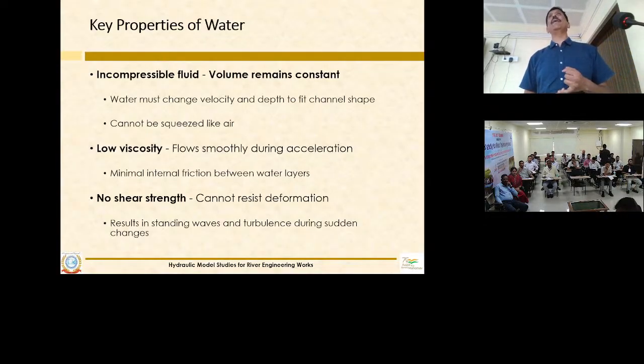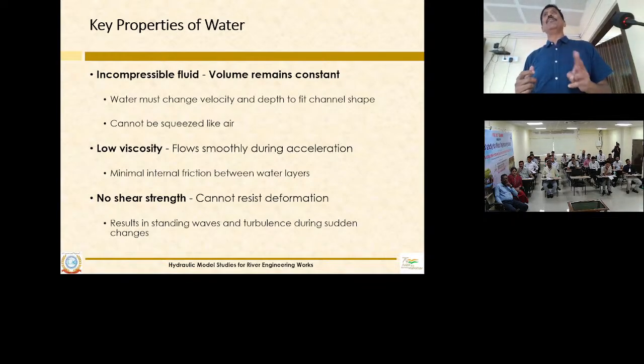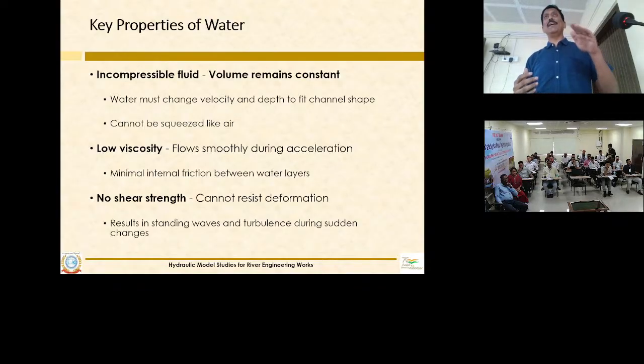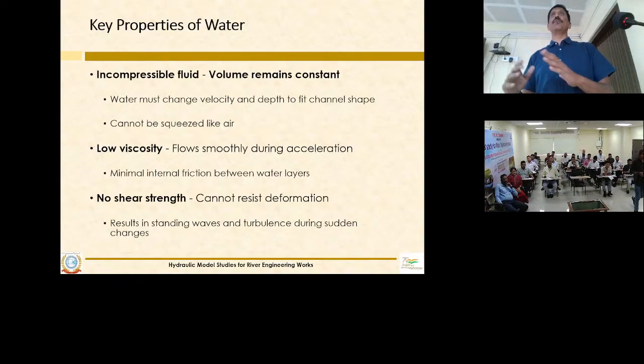So, incompressible means it changes depth or velocity; low viscosity means it can move freely; and it has little shear strength. So while retarding, it forms standing waves. If the flow moves from the supercritical region to the subcritical region, it cannot retard smoothly, so hydraulic jumps form. Those properties come into play because of the shear strength.